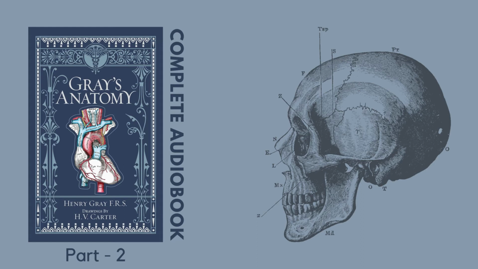It is sometimes joined to the middle clinoid process by a spicule of bone, and when this occurs, the termination of the groove for the internal carotid artery is converted into a foramen, the carotico-clinoid. The small wing is connected to the body by two roots, the upper thin and flat, the lower thick and triangular. Between the two roots is the optic foramen for the transmission of the optic nerve and ophthalmic artery.